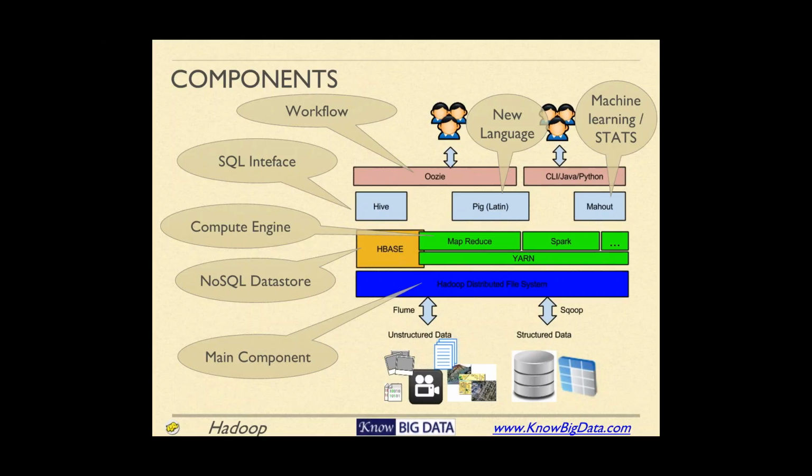To run code on top of this data, in this network of computers, you need a kind of operating system to which you can give your command and say, hey, run it on all machines. That is Yarn. Yarn figures out which machines are free, which are busy, runs the code, and gets the results.